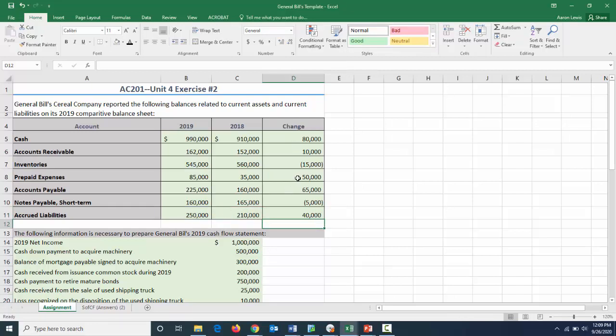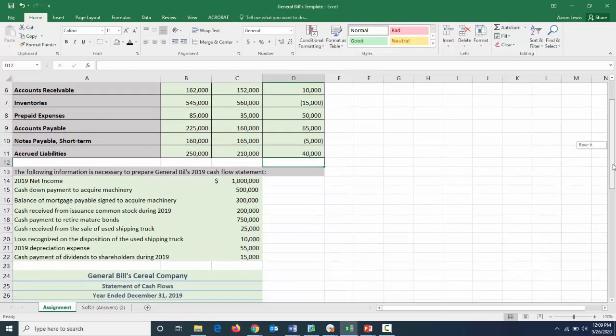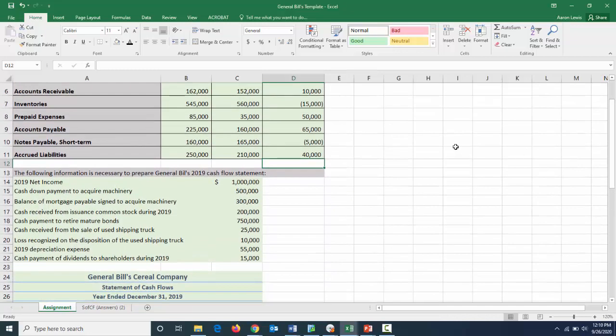So we have our change in all of our current assets, cash, AR, inventory, and prepaid expenses. And we had our change in our current liabilities, accounts payable, short-term notes, and accrued liabilities. We also have some other items here that we have to place on our statement of cash flows. We have the net income for the year.